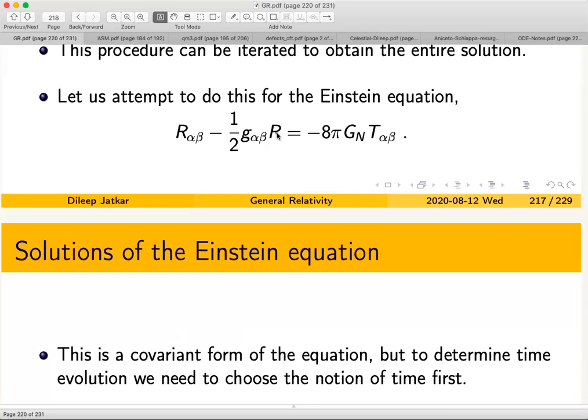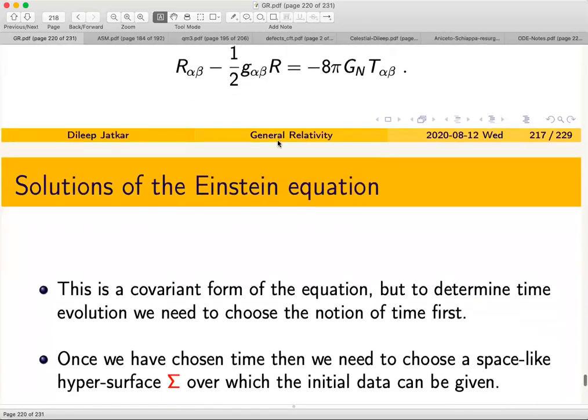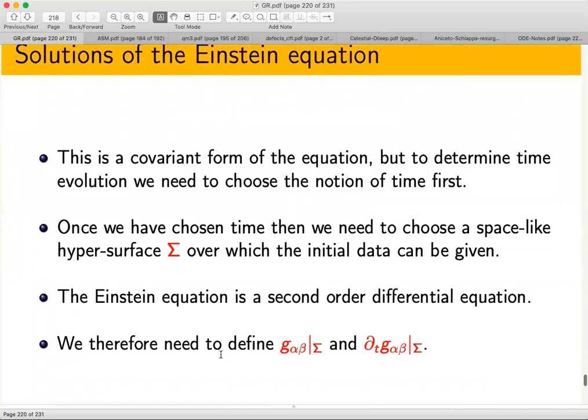Why the time derivative? Because we are evolving this equation in the time direction. So we define g alpha beta on this space-like surface, and we define the time derivative of g alpha beta on that space-like surface. This is what we will treat as initial data.